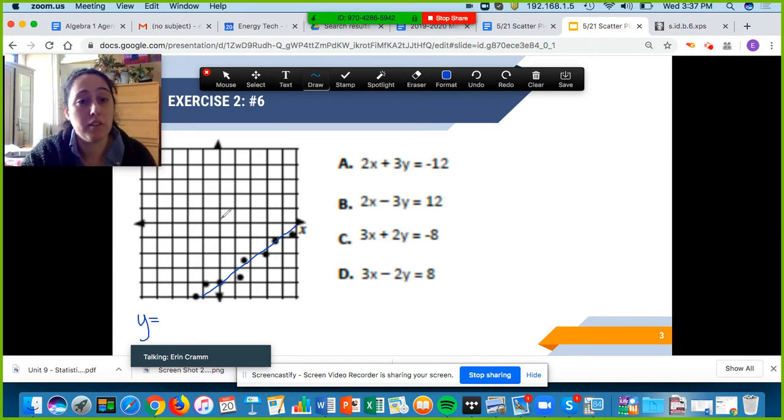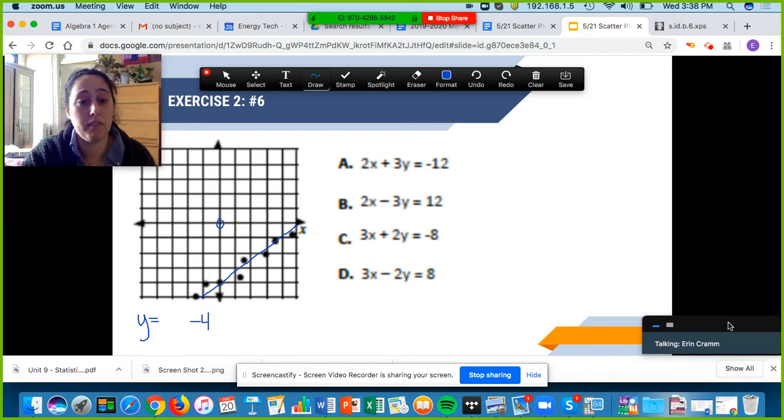All right, so if 0 is here, go down 1, 2, 3, 4. So my y-intercept is about -4. Okay. Now, I know that the slope is positive, right? So that's a positive slope. Let's see, why did that go away?